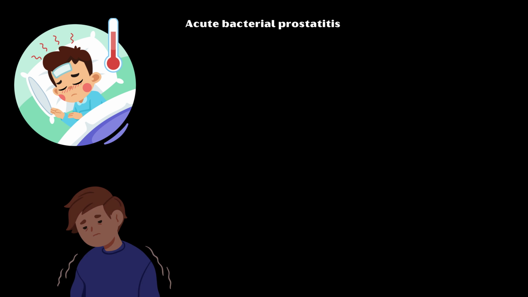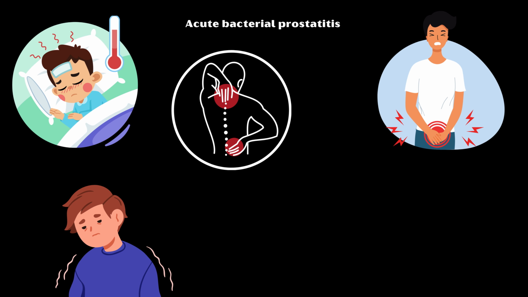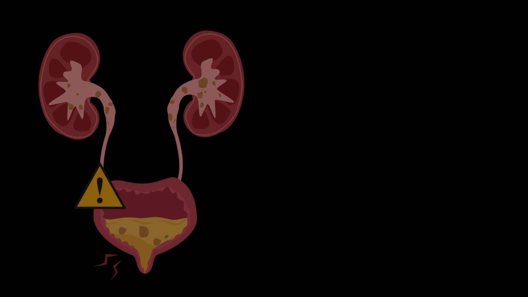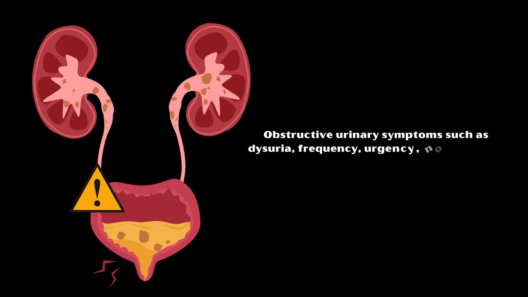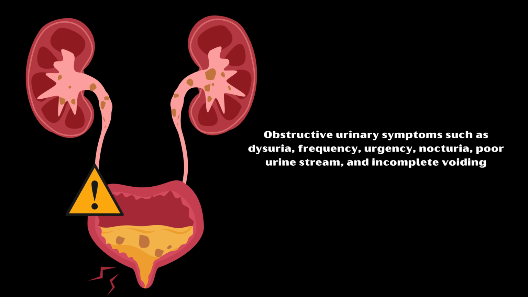Clinical presentation of prostatitis may vary according to the subtype. Patients with acute bacterial prostatitis typically present with fever and chills, malaise, joint and muscle pain, perineal or prostatic pain, lower abdominal and back pain, spontaneous urethral and obstructive urinary symptoms such as dysuria, frequency, urgency, nocturia, poor urine stream, and incomplete voiding.